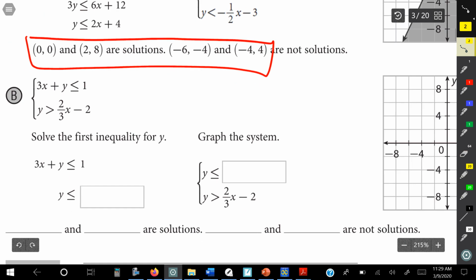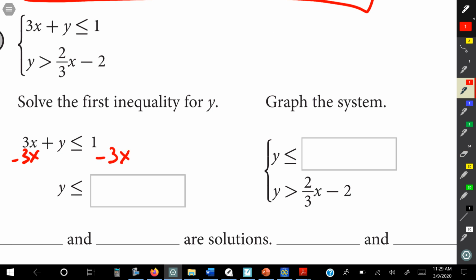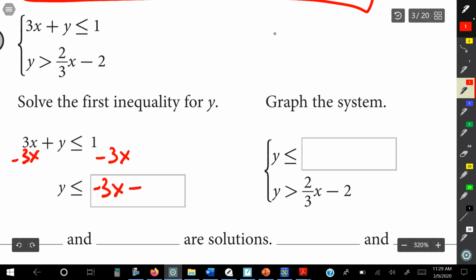All right, so in this example here, I've got one equation already solved for y, so I've already got that one here. And then I got this one, I need to solve it for y, so let me do that. So what I'm going to do is I'm going to subtract the 3x on both sides. And then that's going to leave me with a negative 3x plus 1.